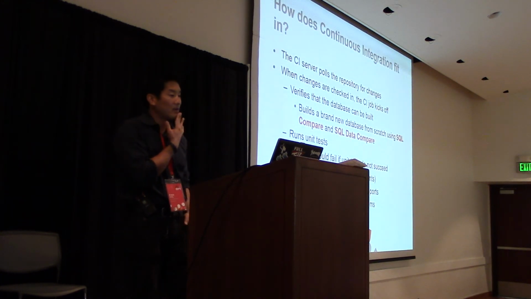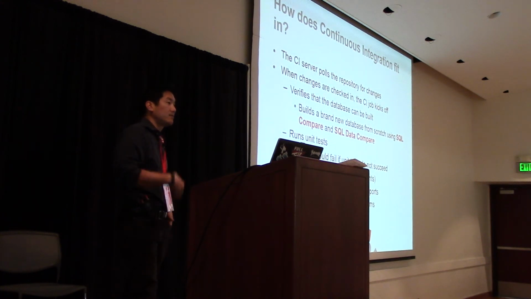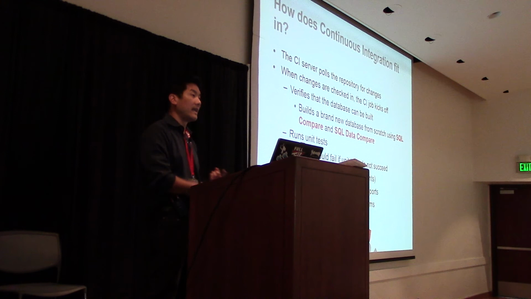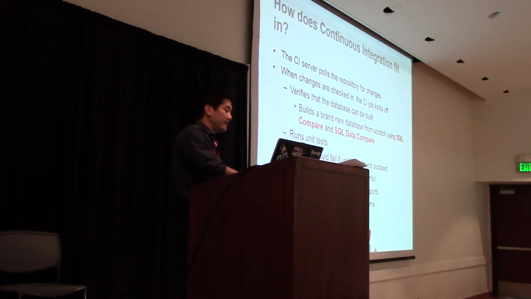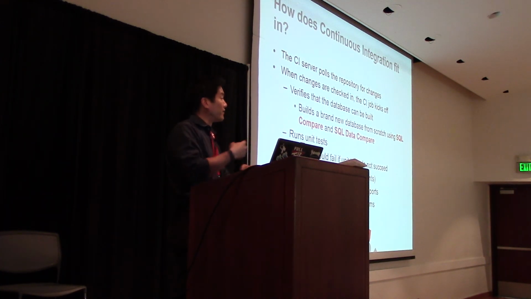So then, how does continuous integration fit in? So not only do people have to commit changes, but you need a way to validate that nothing broke, and that's where continuous integration comes in. As soon as you make a commit and it's accessible by everyone, your continuous integration server is sitting there waiting for the change, and it detects a change, it pulls down everything, and it tries its hardest to make sure that nothing breaks.